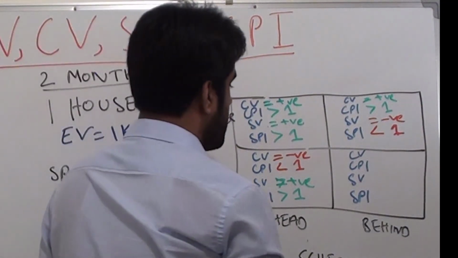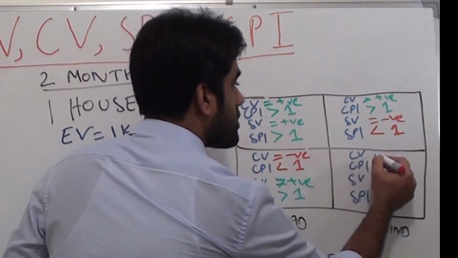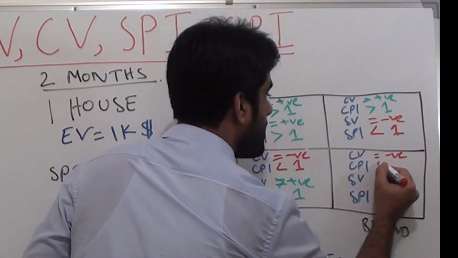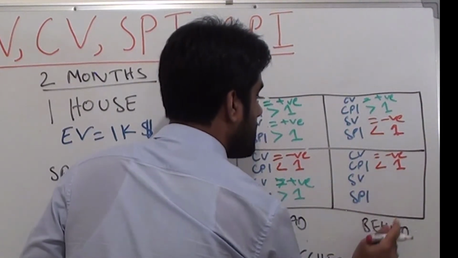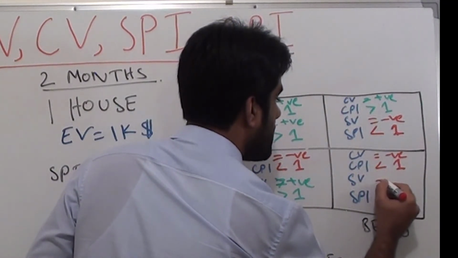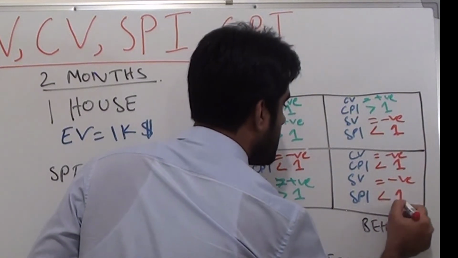Now let's come here. Here we are over budget. That means cost variance will be negative and cost performance index will be less than 1. This is the behind schedule box, so schedule variance will be negative and schedule performance index will be less than 1.